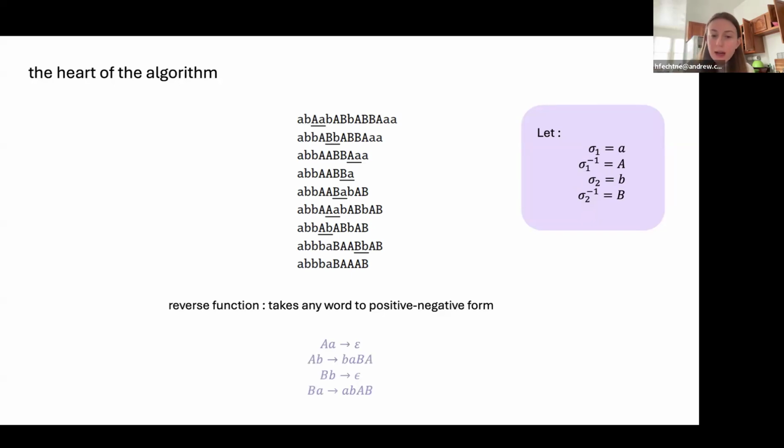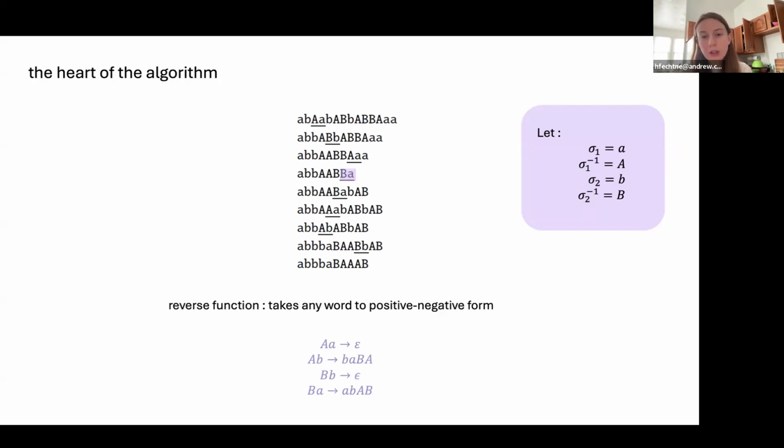So, for example, we write capital A little a to epsilon, they cancel out. We write capital A little b to little b little a, capital B, capital A. I can leave that to you if you want to puzzle later today to prove that that holds under the braid relations, that those two sides are equivalent. But the nice thing is you see that the right-hand side is in positive-negative form.